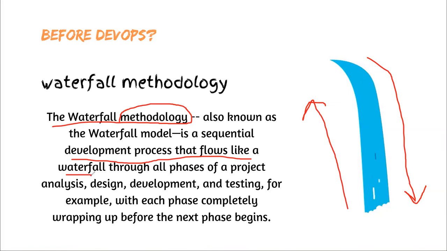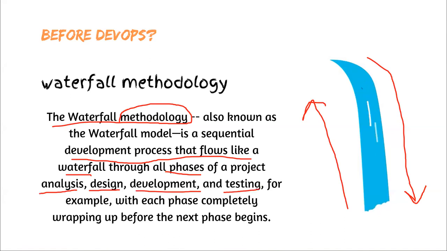Sequential means you need to follow step by step. If you follow step by step, then it is called as your sequential. So it is a sequential development process that flows like a waterfall through all phases of a project. So what are the phases of a project? In this project, we are having analysis phase, design phase, development phase, and testing phase. All these are called as your phases.